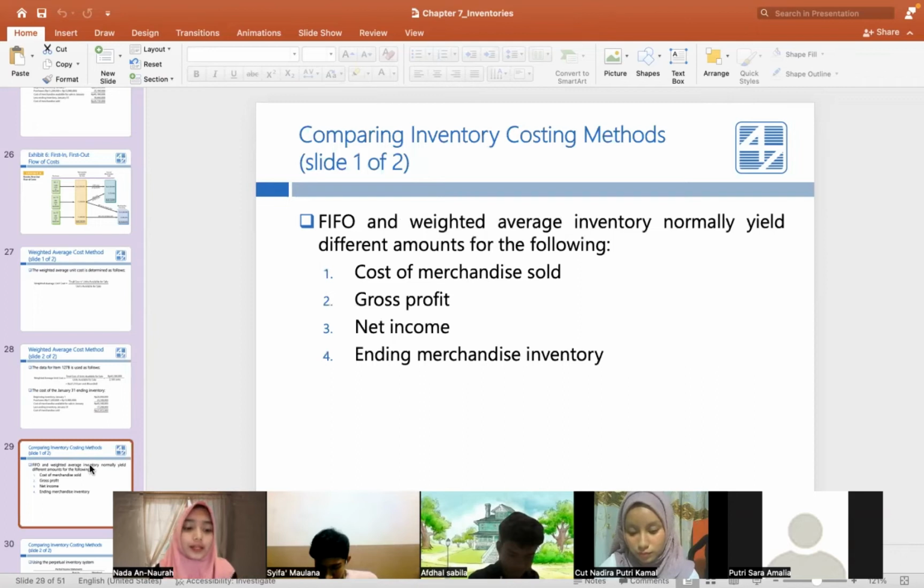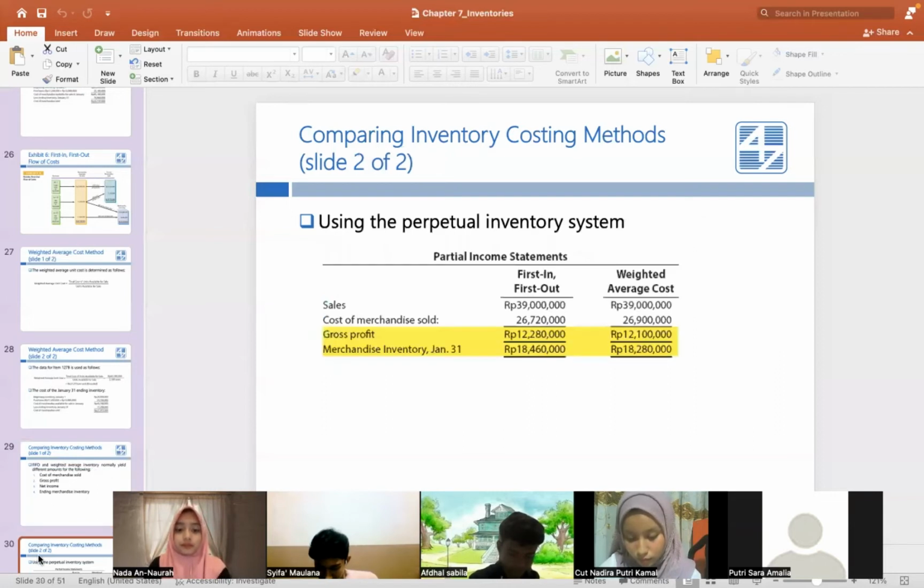And in this slide, we compare inventory costing methods. FIFO and weighted average inventory normally differ in amounts for the following. First is cost of merchandise sold, second gross profit and net income, and the last is ending merchandise inventory.